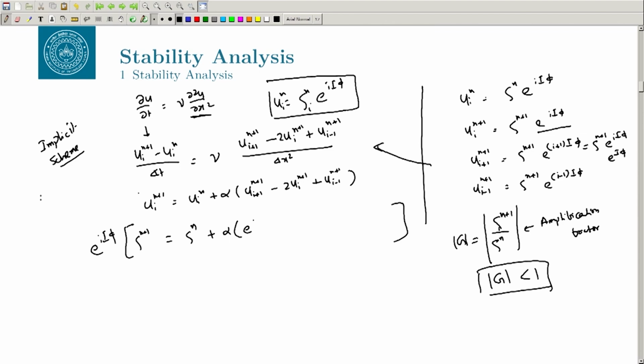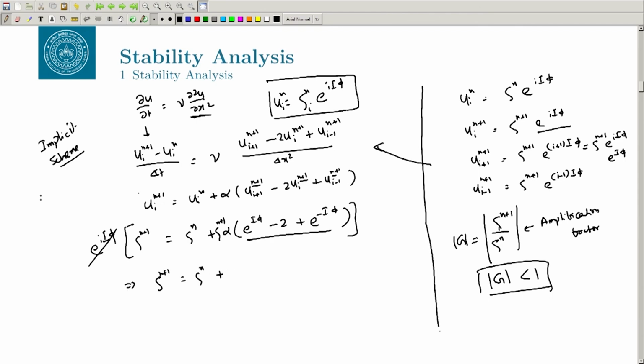So, this will be e to the power I phi minus 2 plus e to the power minus I phi, right, like we have done earlier, and this entire thing is basically multiplied by e to the power I phi. And there will be zeta to the power n plus 1 here also, right, because everything is at n plus 1. So, now you can just remove this, and now rearrange this, zeta to the power n plus 1 will be zeta to the power n plus, now what is this?